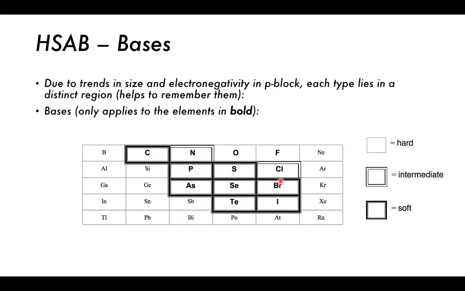So chlorine and bromine, or chloride and bromide, I said earlier the chloride was hard and the bromide was intermediate. Really, they're kind of borderline in both cases. Chloride is kind of hard intermediate, and bromide is kind of intermediate soft. So they're on that boundary where things start to get a little bit unclear as to exactly which category they should be in.